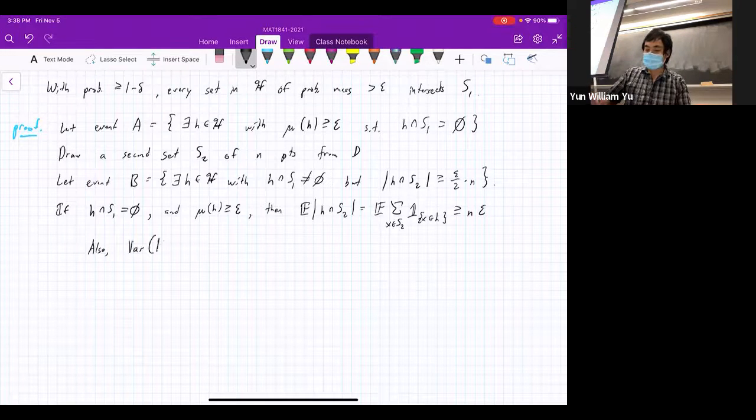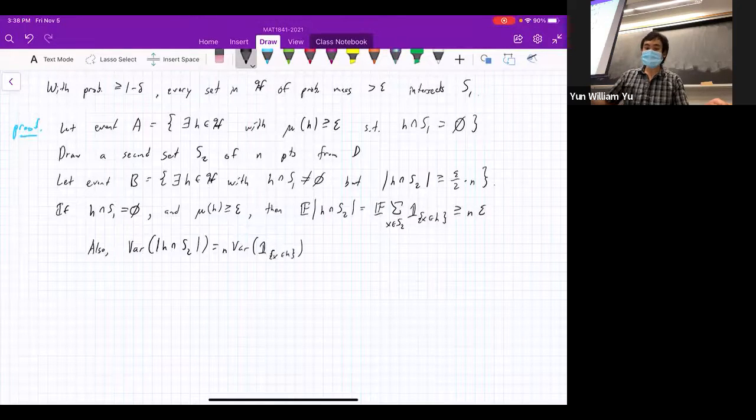Well, the variance of H intersect S2: we know that H intersect S2 as a random variable is just the sum of a bunch of indicator variables. And so that means its variance is n times the variance of all these indicator variables in H. And that's equal to n epsilon times 1 minus epsilon, right?